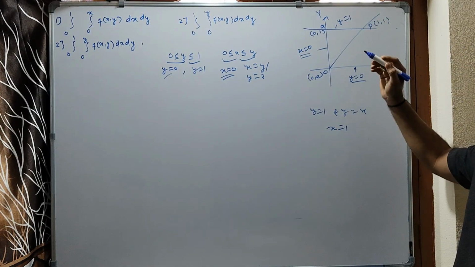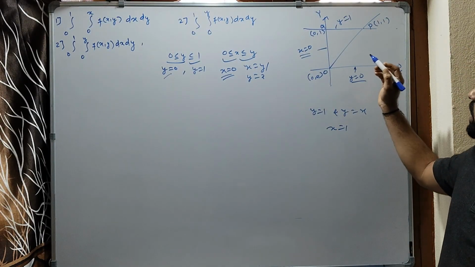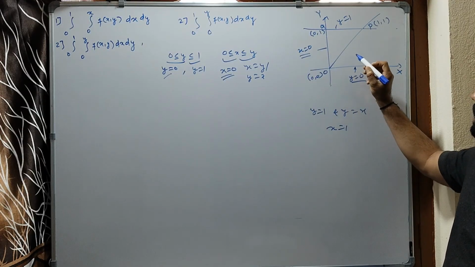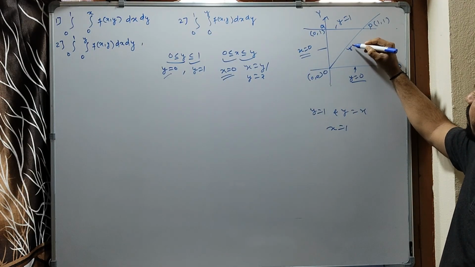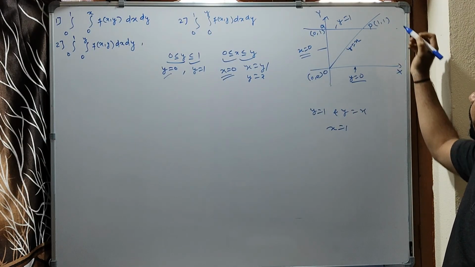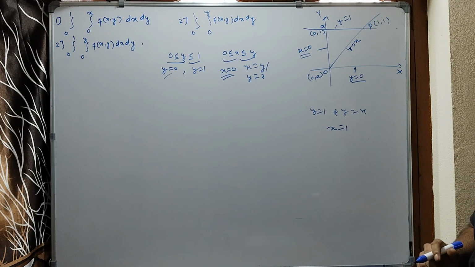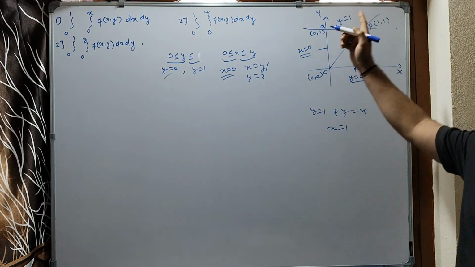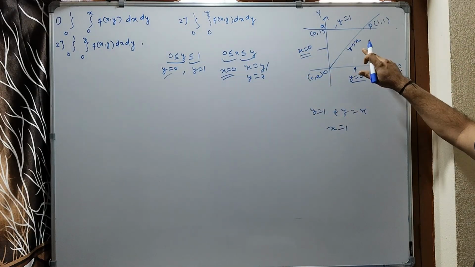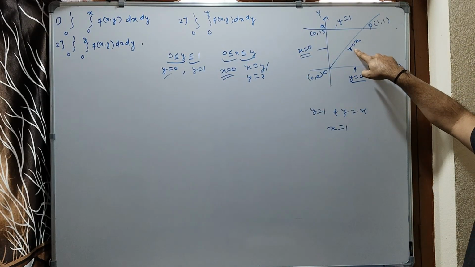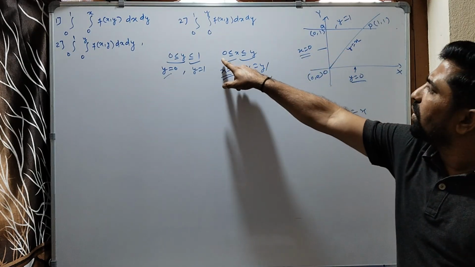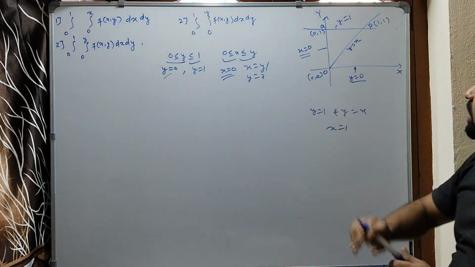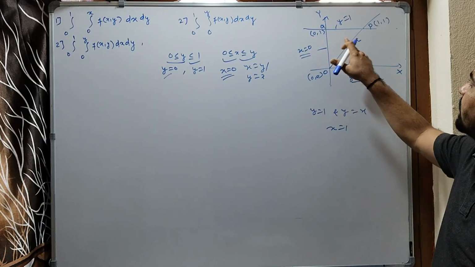So the value of x is greater than or equal to 0 and less than or equal to y. This is the line y equals x, and this is y equals 1.